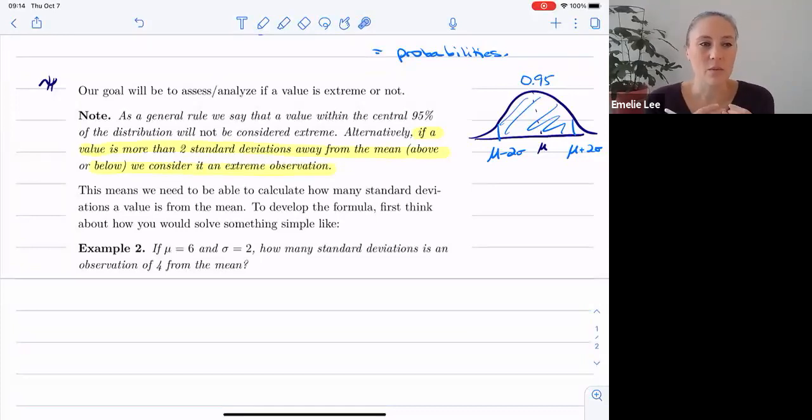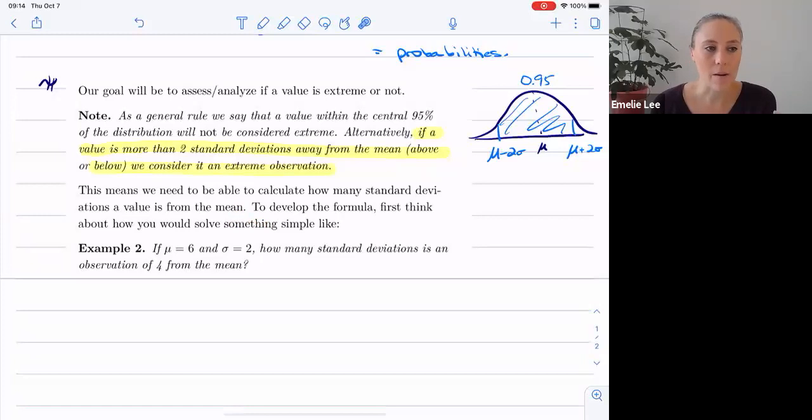Well, it means that we need to be able to figure out how many standard deviations a value is from the mean, right? And we're going to have a calculation that helps us do that, but we could also just do it, right? You can develop the formula and you can have the formula, but I just want to show you that the formula is just exactly what you would have done if you had to do it in your head, right?